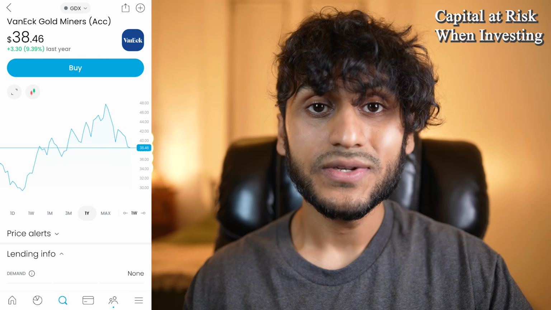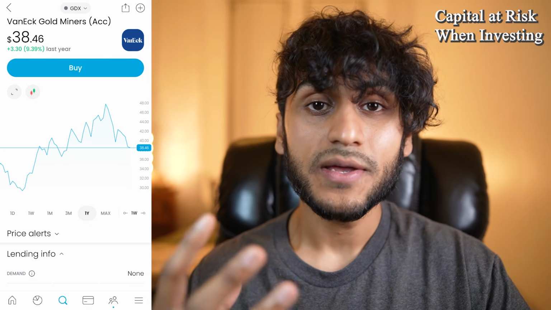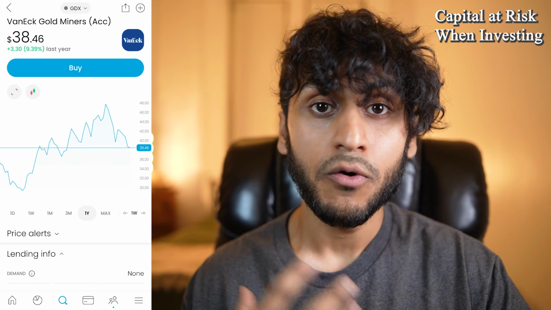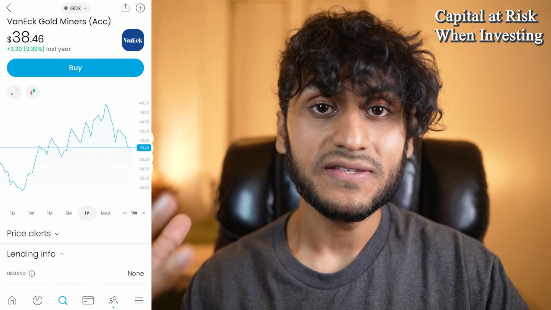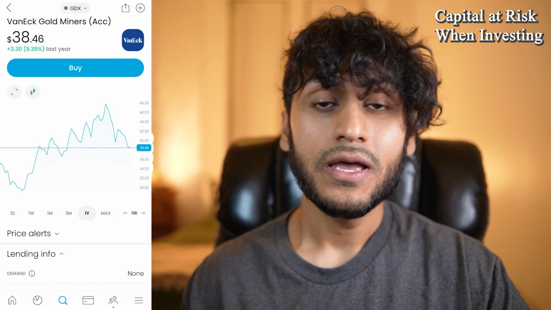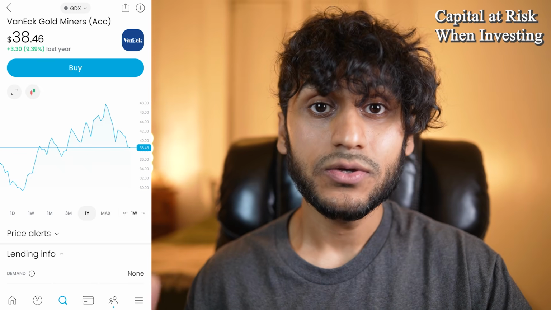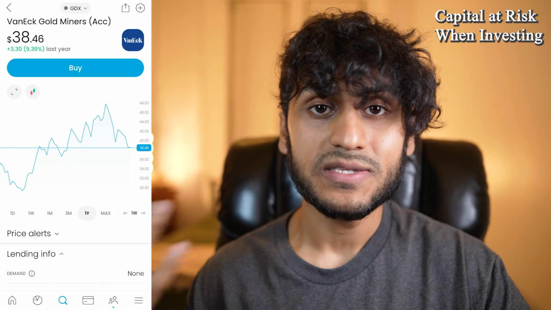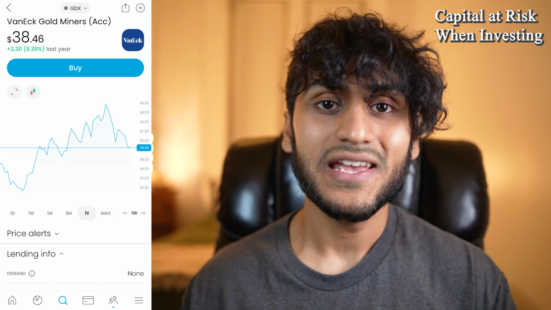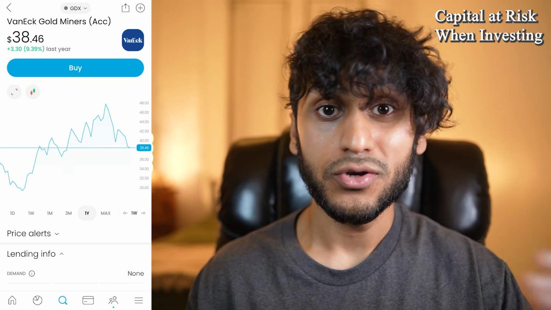When the price of gold increases, the miners become more profitable, of course, because they're doing the same thing, but now with more valuable goods. As a result, the shareholders should be rewarded more from these funds as the value of gold increases. So indirectly, you are investing into gold. Of course, if the company decides to mishandle its money and stuff like that, the risk is going to essentially be on you, and you could lose money too.